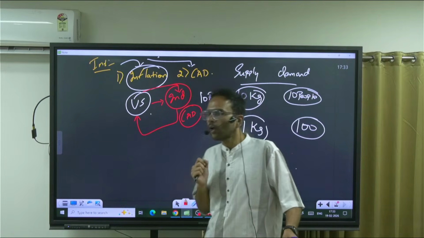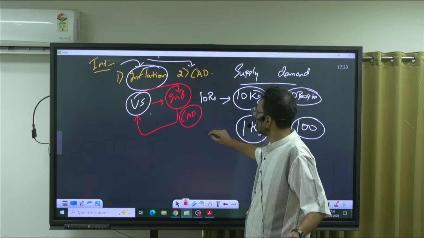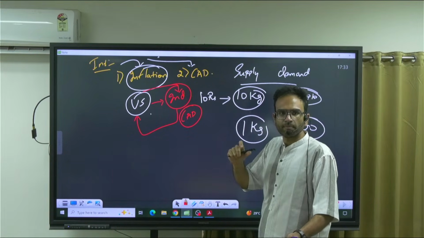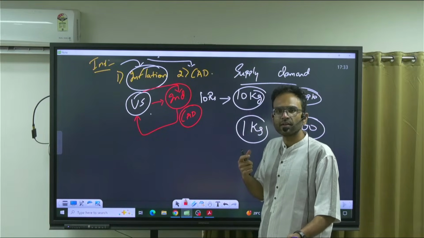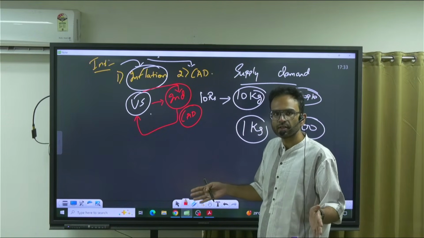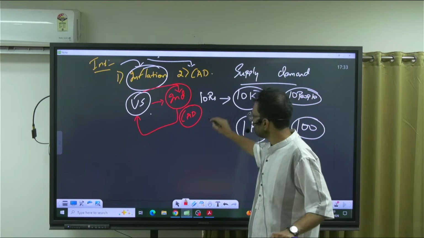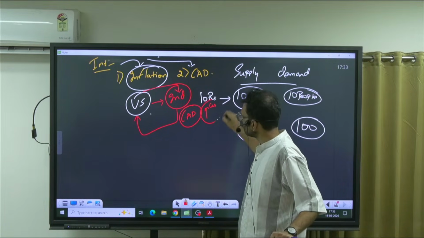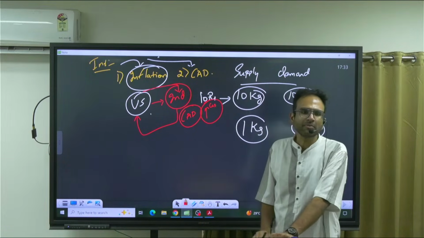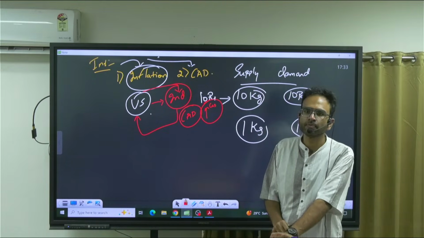Now, in this scenario, what happens? You are continuously increasing the difference in how much we are buying and how much we are selling. When this rises, it so happens that the rupee becomes less valuable.